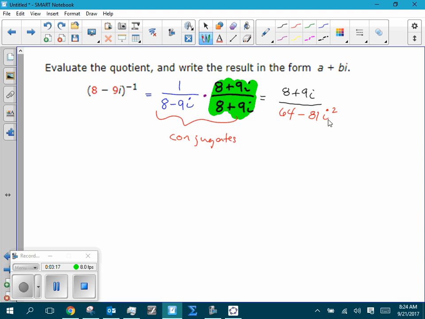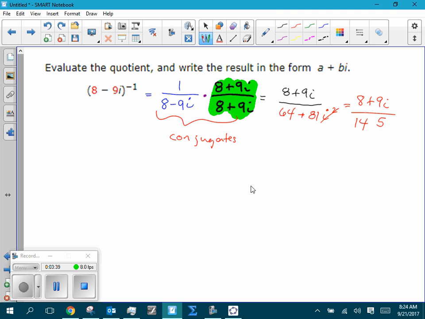What's that i squared going to become? Negative 1, so it changes the sign out in front of 81. So now I've got 8 plus 9i all over 64 plus 81. So what is that, 125? Is that right? 145, sorry, 145.